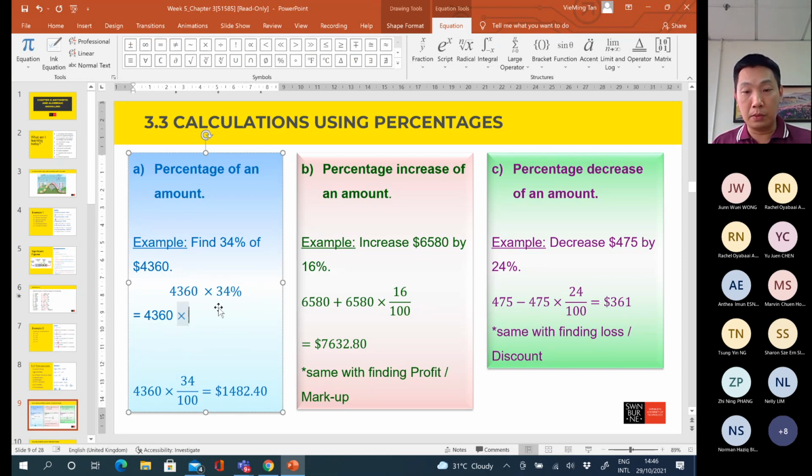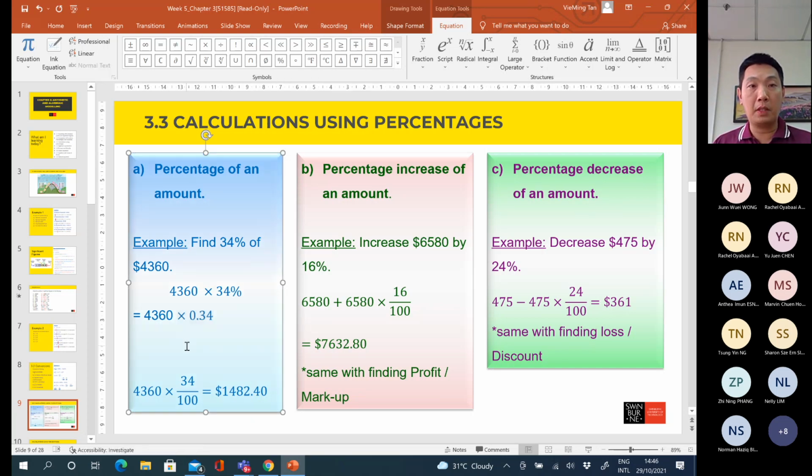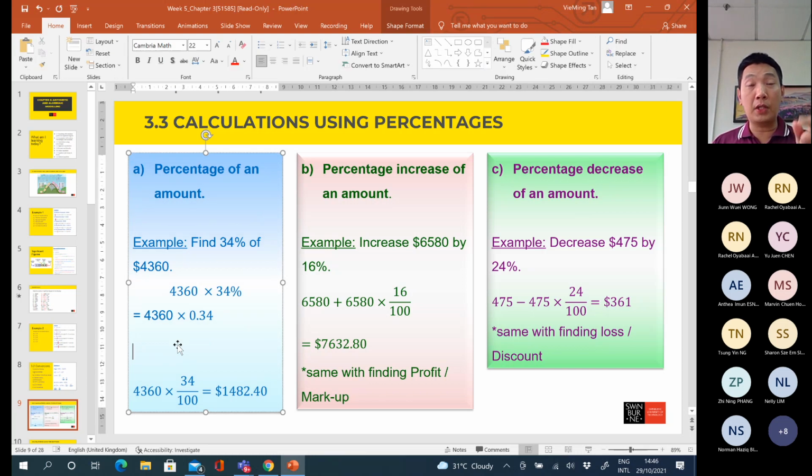So it's equal to 0.34. Okay. Then use calculator to simplify this. You'll get 1482.40.